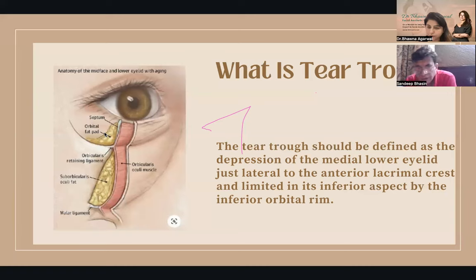Can you again tell what is the difference between primary and secondary tear trough shadow? Primary is like a young patient coming for under eye dark circles or under eye hollowness. They might have under eye hollowness, but in them it is not age related. So you have to make out whether it's a volume loss kind of a thing. If it is a primary shadow, you cannot treat it anyway, because you cannot inject over the ORL.